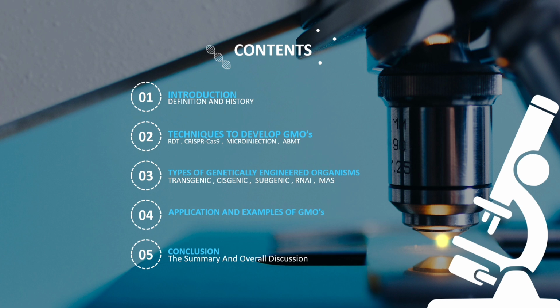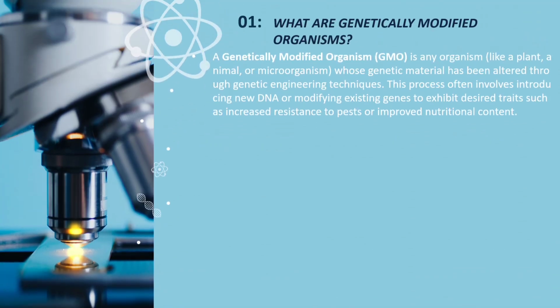Right. So, what are genetically modified organisms, or what are transgenic animals? These are those organisms in which their DNA has been manipulated or altered through genetic engineering techniques like recombinant DNA technology, CRISPR-Cas9, to introduce a new DNA or a new gene into their genome and obtain the specific or desired traits from that organism.